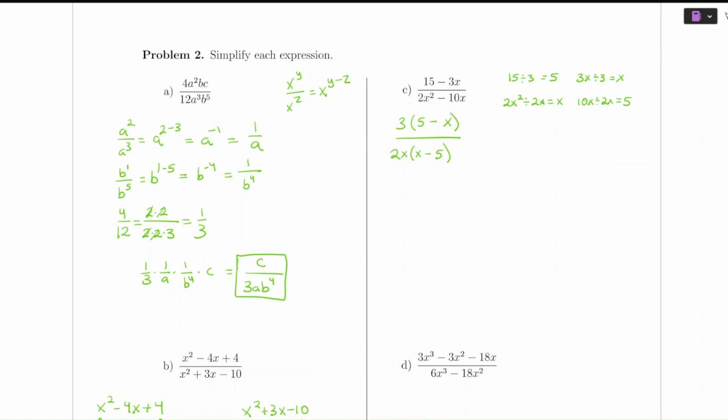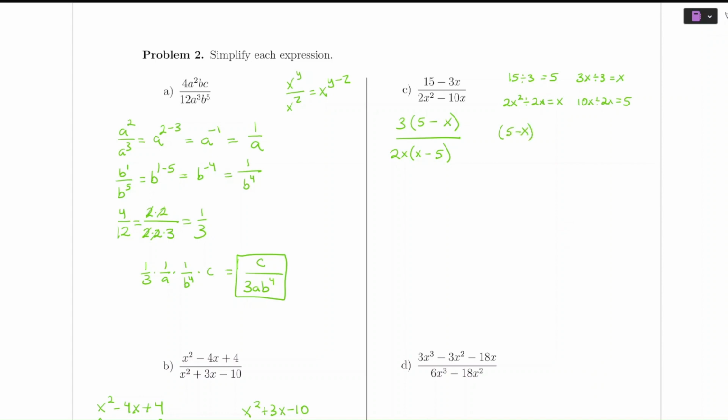Okay, so these two factors aren't the same, but I can notice that they're kind of similar. They both have a 5 and an x and then a negative. So what I can do is take out a negative from one of the factors to make it equal the other one.